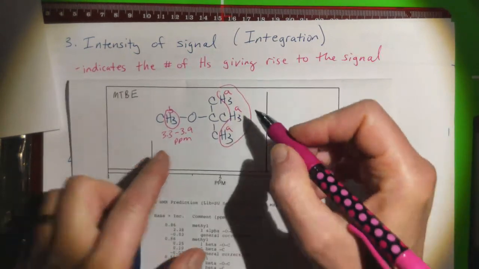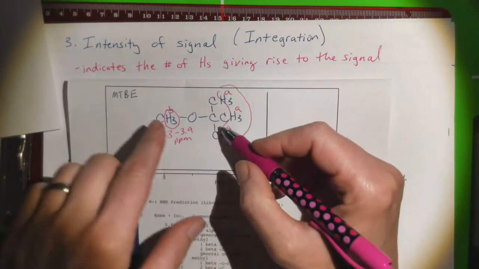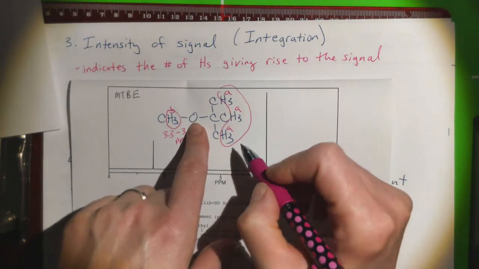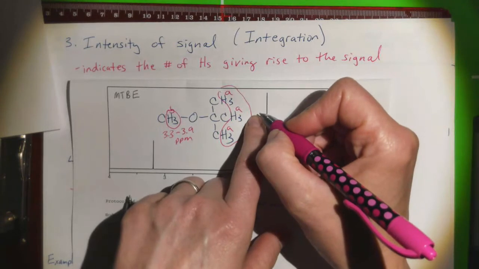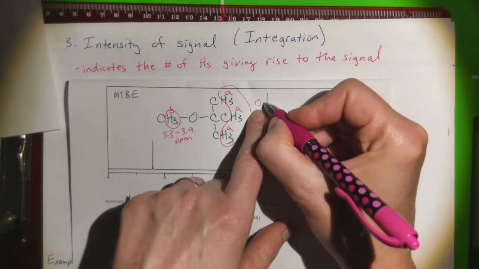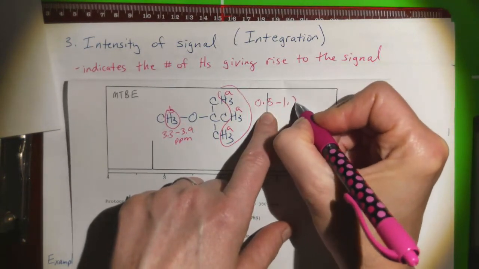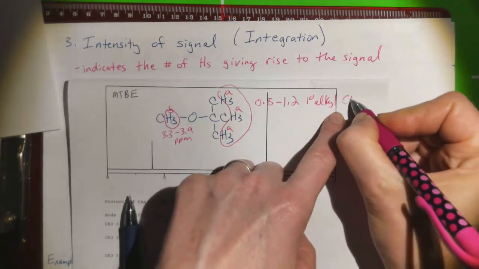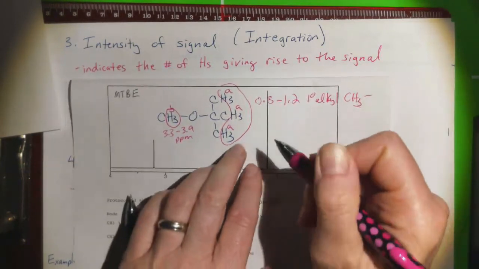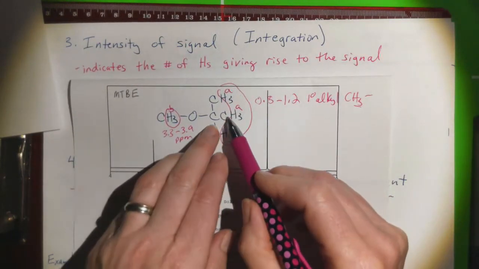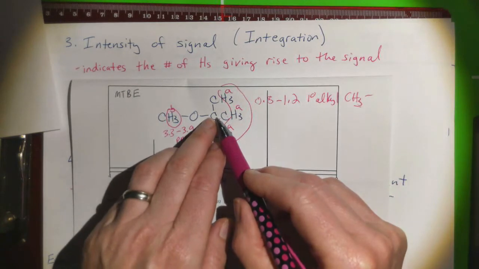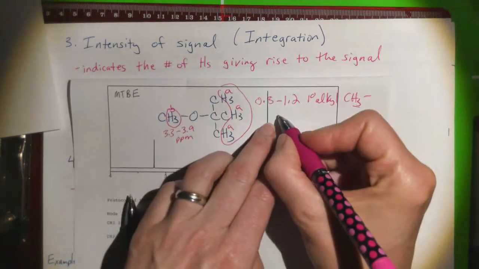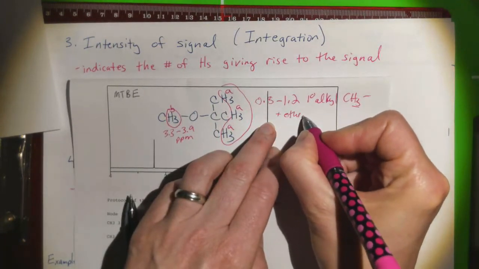ppm. And then these are also methyl groups, but they're not as close to the oxygen, right? So I'm going to go ahead and write down the primary alkyl groups are supposed to be from 0.8 to 1.2. This was, again, the primary alkyl, okay, for a methyl group, right? With the understanding that next door, so from its carbon going over, I'm going to say here plus ether, right?